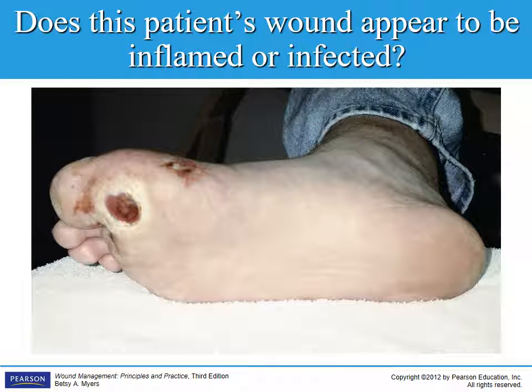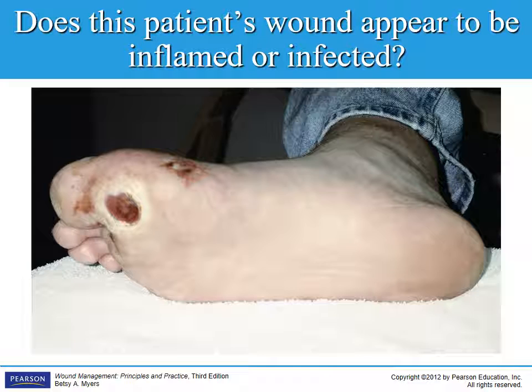Now, this one is a little bit trickier because, because of the photograph, we don't see as much color here. There's a little bit of redness that maybe we can see, but more than that, we see macerated tissue.